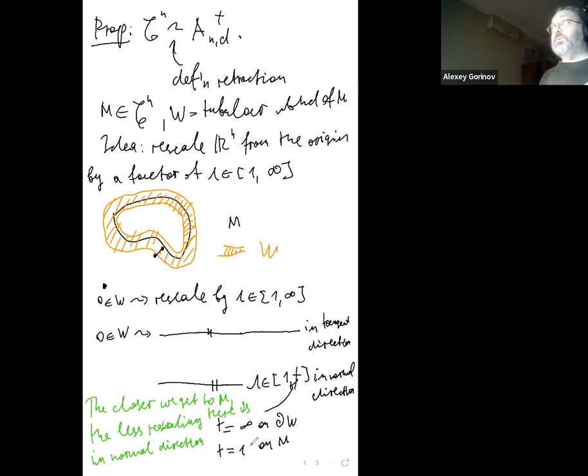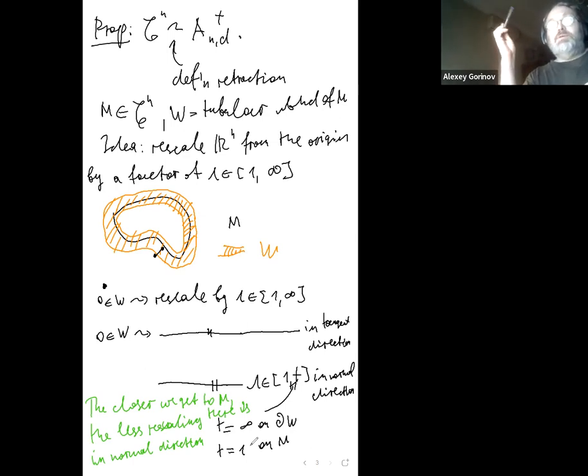If we are close to M, we only rescale in the tangent directions, but not in the normal directions. Okay. This is all we do.